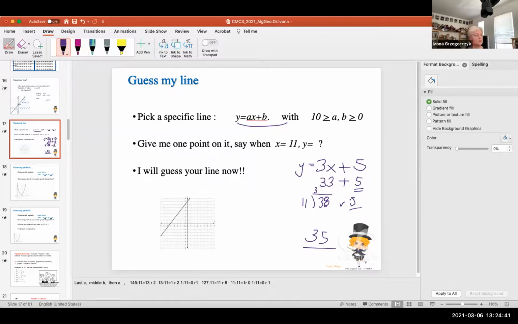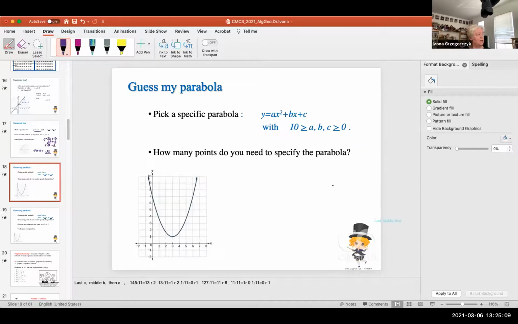So the remainder is 5 and your slope is 3, because this is equal to 10 times 3 plus 5. So when I get this number, I divide by 10 and the remainder is your b, and how many times 10 goes into it is your slope.